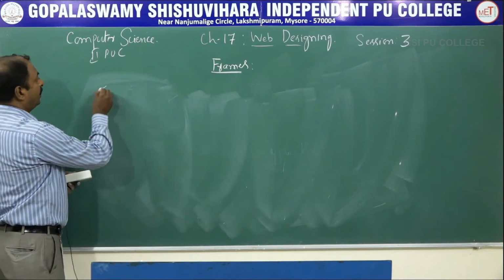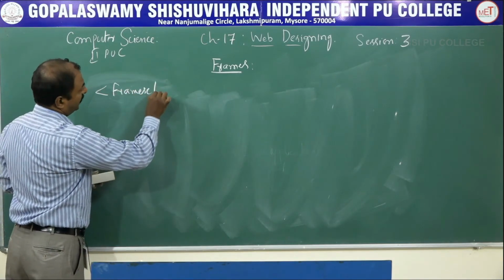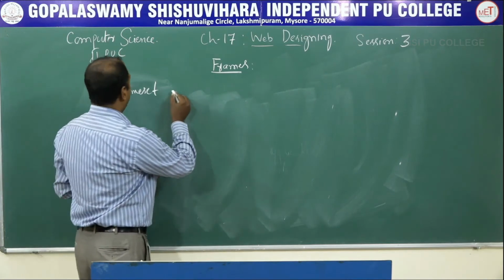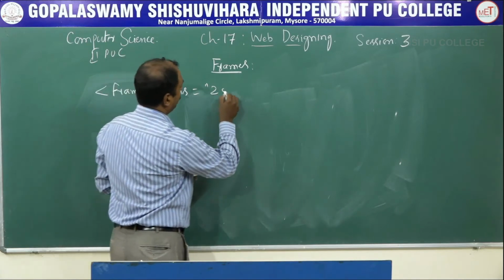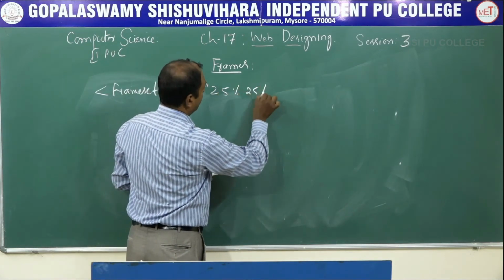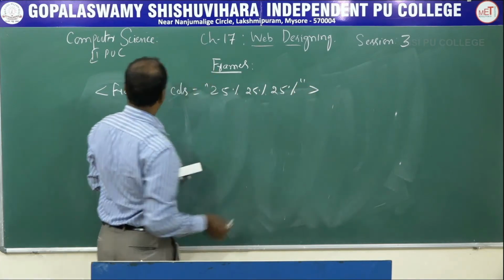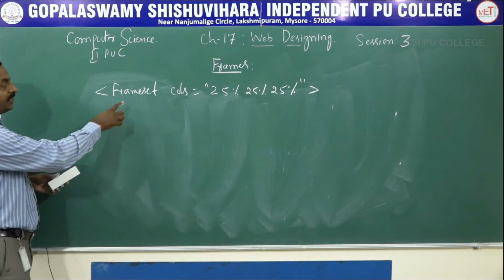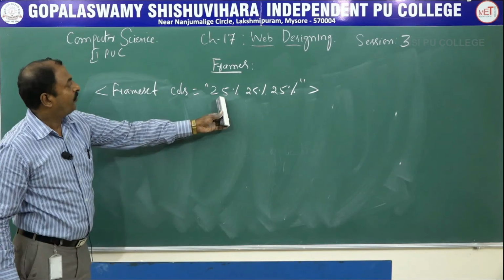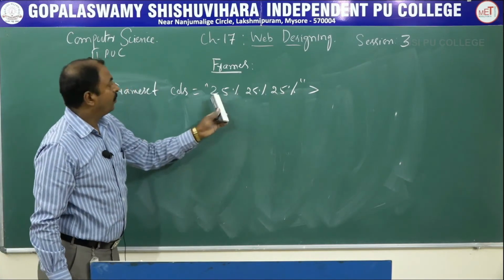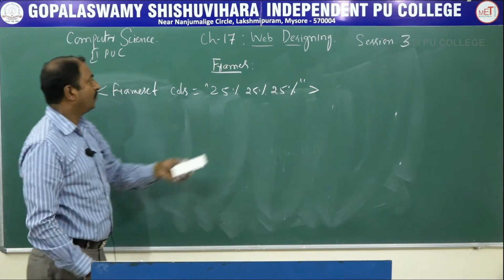For example, I'm going to write here a frameset, columns equals 25%, 25%, 25%, and close it. Here the first line shows the number of columns, 1, 2, 3. There are 3 columns in these frames.